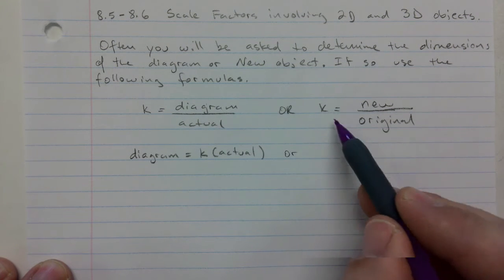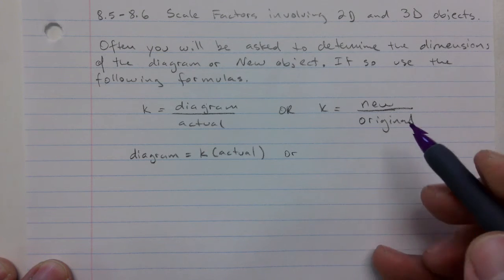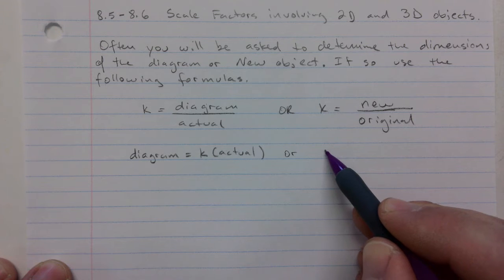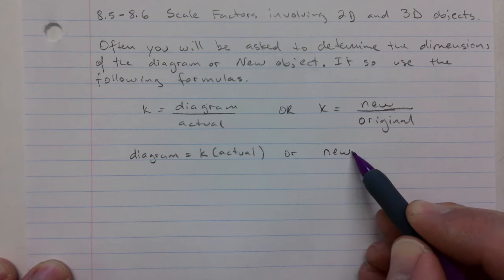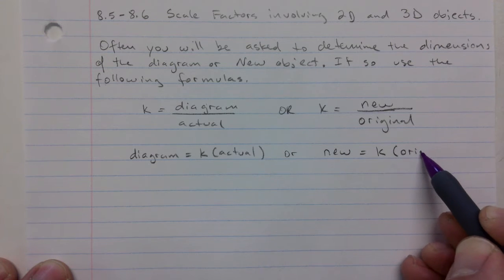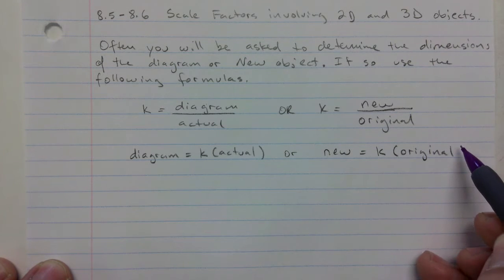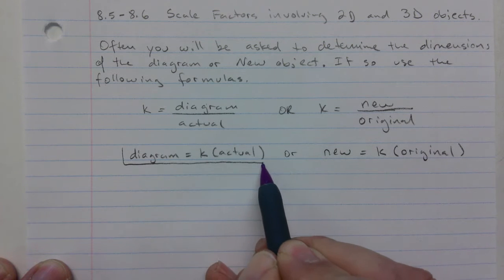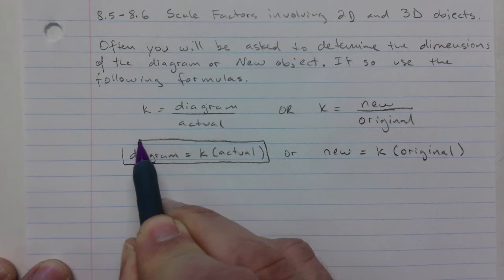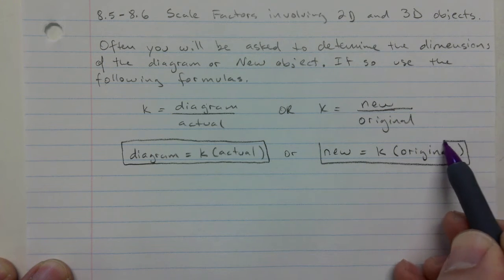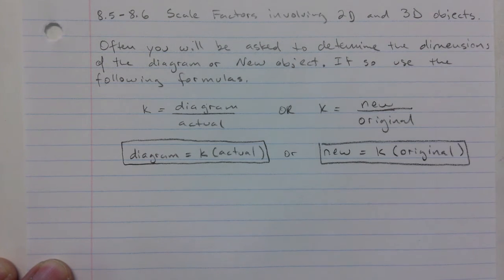Or when you're looking at this version of the formula for the scale factor, you would just say the new dimension is going to be k times the original. Okay, so these are the new ones that I want you to have on your study sheet because it makes things a lot faster.